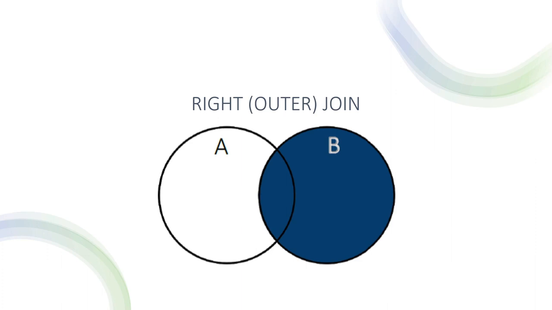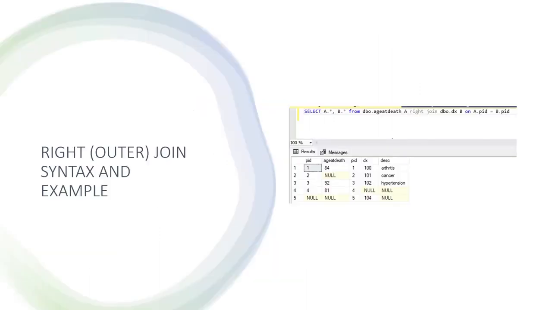Now we'll move on to the right outer join. This is conceptually what it looks like. You're focusing on table B, which is your right table, and you're pulling everything from table B, and then you're pulling the matching values from table A onto table B. So here's the syntax. Select A dot star, so we're pulling everything from table A, pulling everything from table B on the patient ID again.